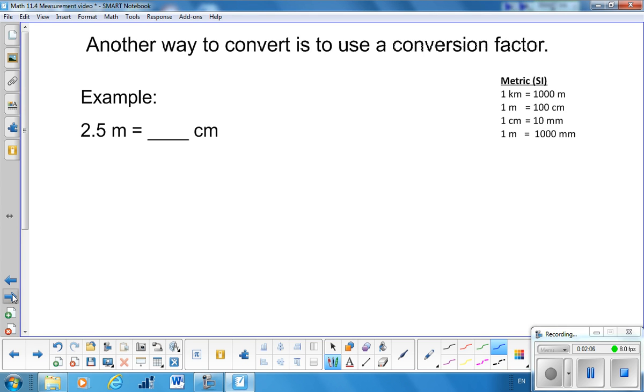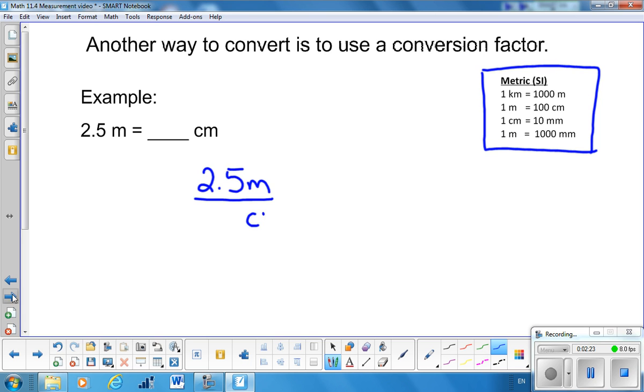Another way to convert is to use a conversion factor. Up in the top right-hand corner, we have a list of different conversion factors. If we do the same examples, I have 2.5 meters and I want to change that into centimeters. I'm going to put x down here because that's the quantity that I'm looking for.